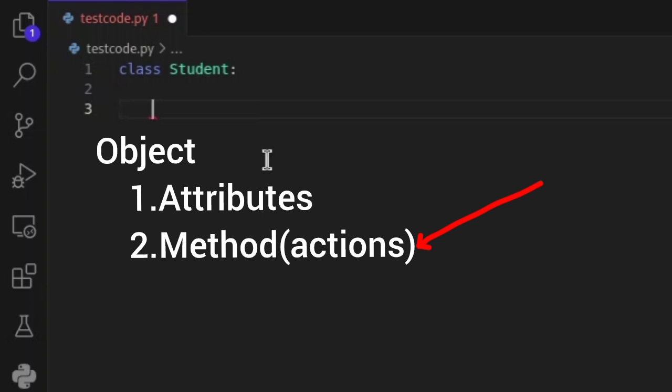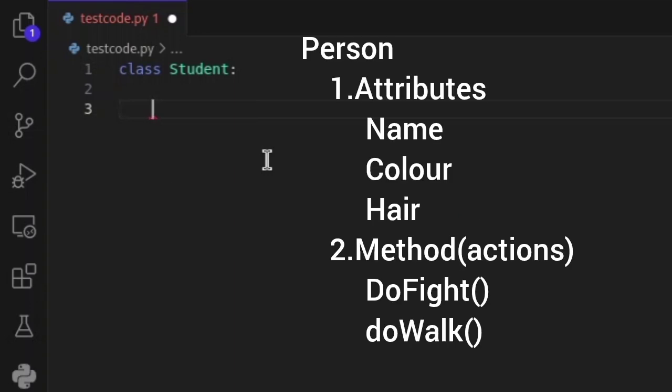If we look at a person example, we can say this person's name is Musa, and he is black, he has very long hair, and he loves to wear white clothes. And then Musa has to do some action, which is what we call a method. So we can say Musa writes Python, Musa is very good at Python.